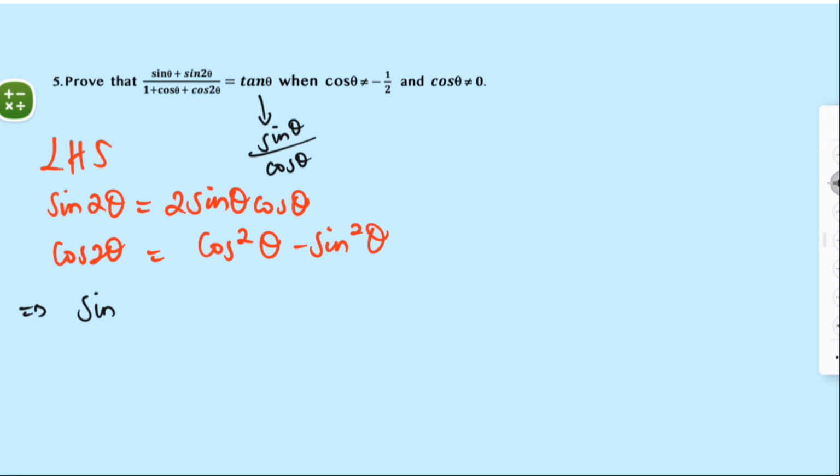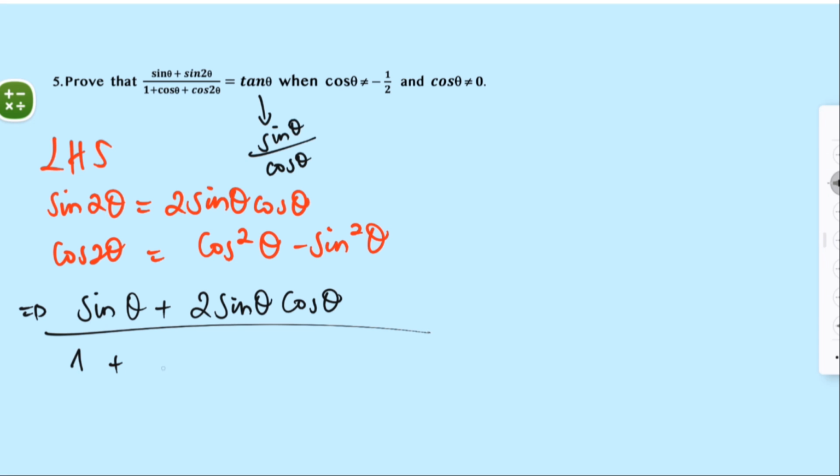So this would imply sine theta plus 2 sine theta cos theta divided by 1 plus cos theta plus cos square of theta minus sine square of theta.